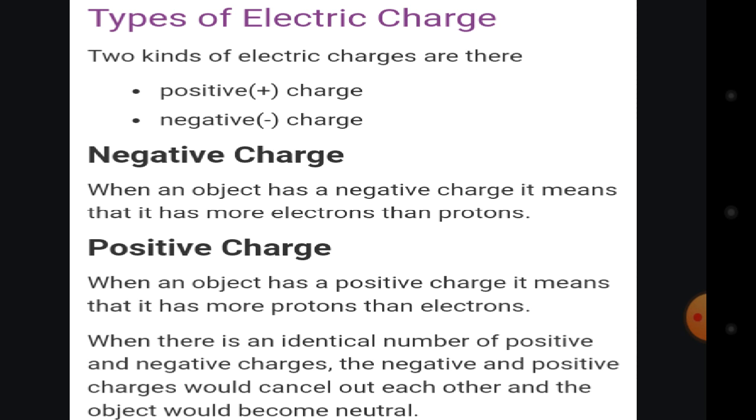So this one is talking about the third type of electric charge, the neutral, when the positive charge and the negative charge are identical in number, they cancel each other. So if there is no net positive charge and no net negative charge, then it is called neutral. So this is about the types of electric charges.